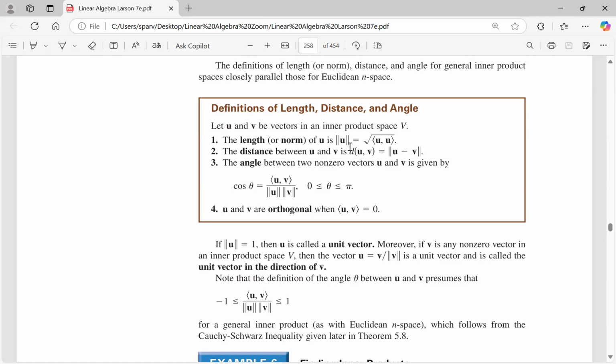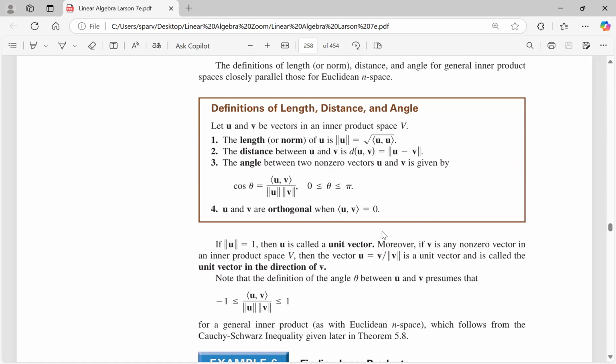You take the square root of that, it just gives you the length. The distance between u and v, that would be the tip-to-tip distance between the two vectors, is simply the magnitude of u minus v. The angle between them is given by what you're looking at.